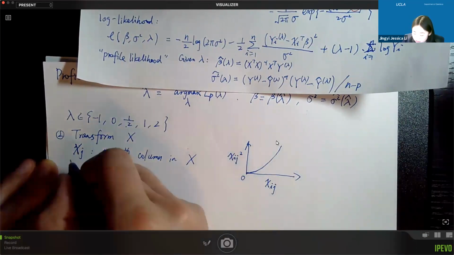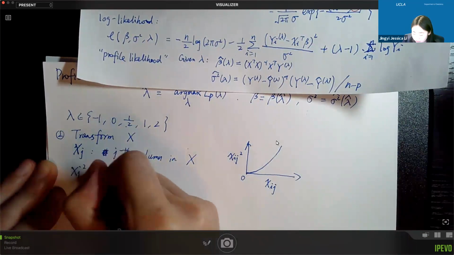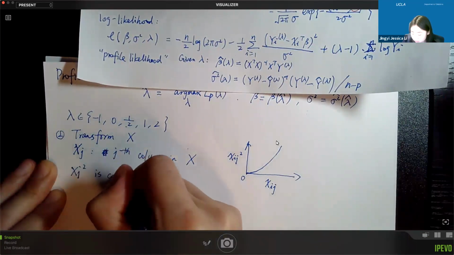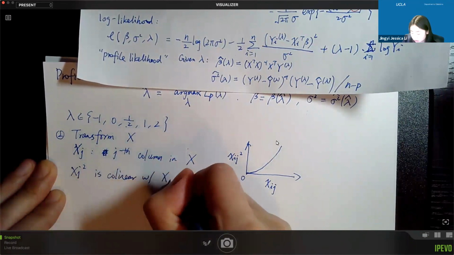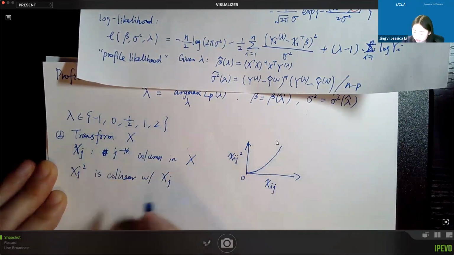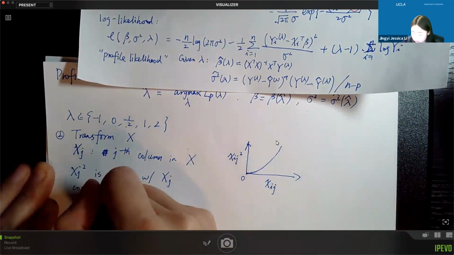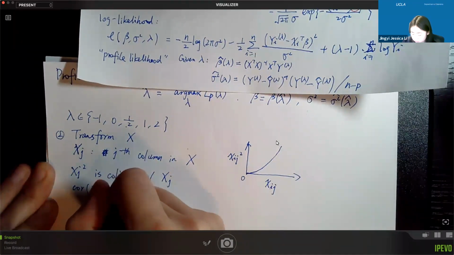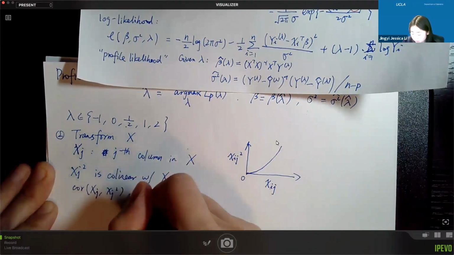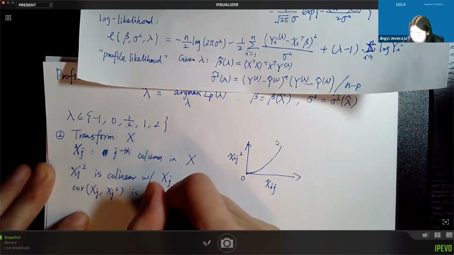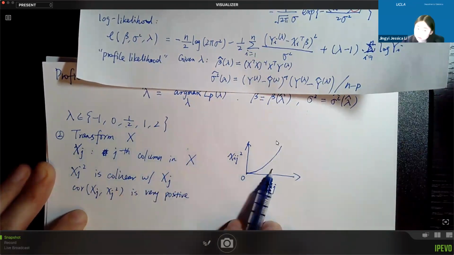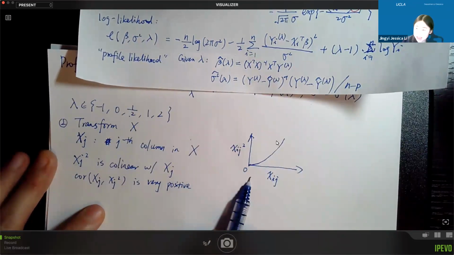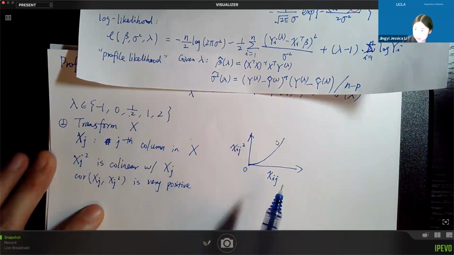So basically, this xj squared is collinear with xj. In other words, the Pearson correlation of the two vectors is very positive. That's what we mean by collinear. And this will cause some instability in the parameter estimate, right?